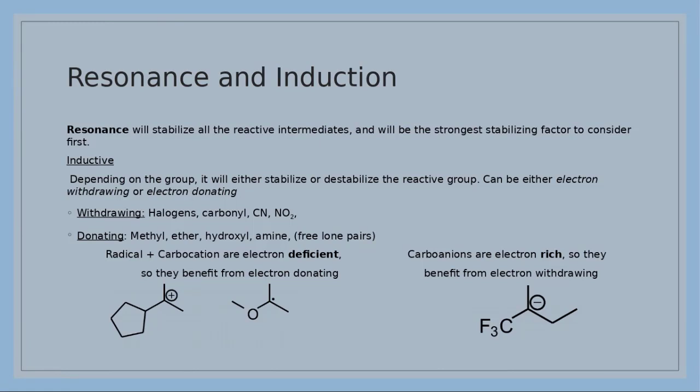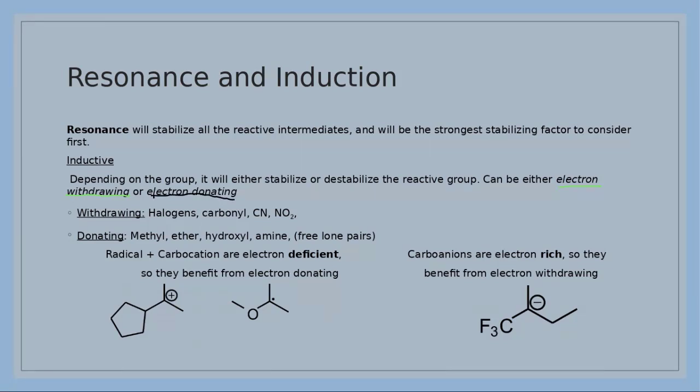And so the second one is going to be inductive effect. Depending on the group, it will either stabilize or destabilize the reactive group. We have two types of inductive effects: electron withdrawing or electron donating.